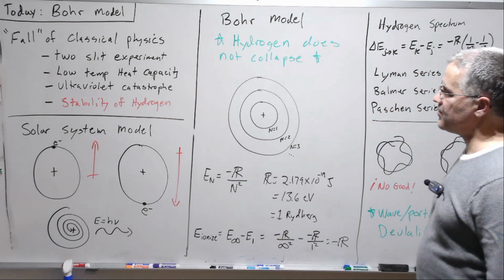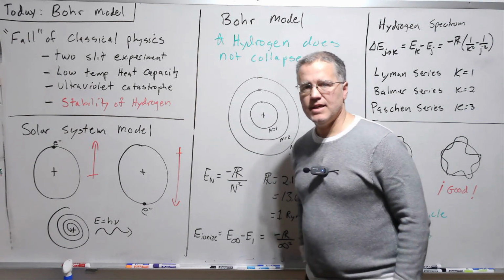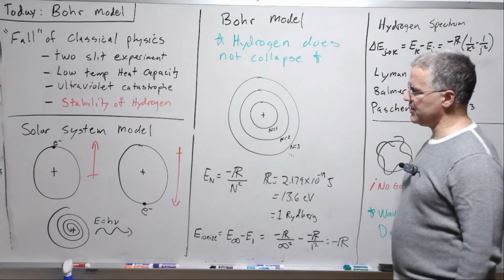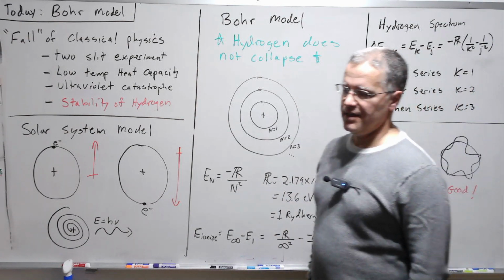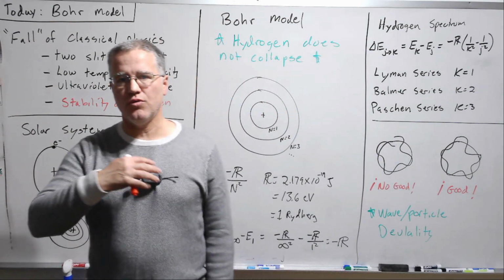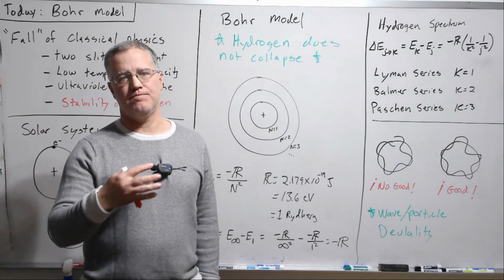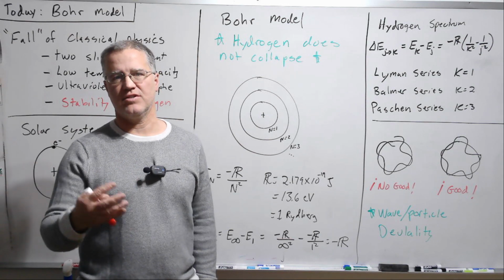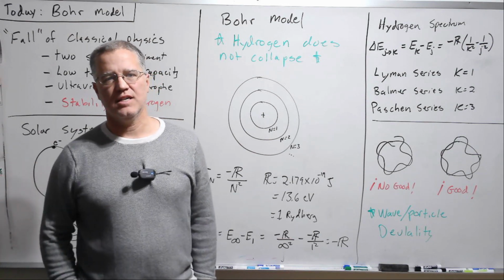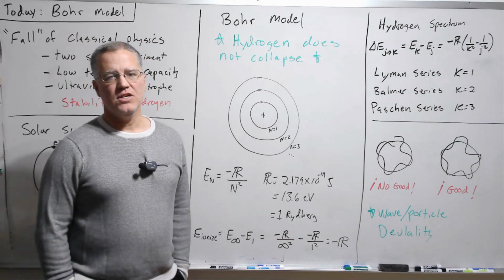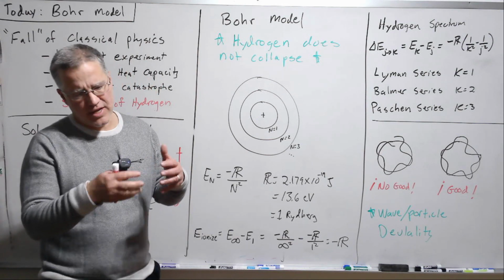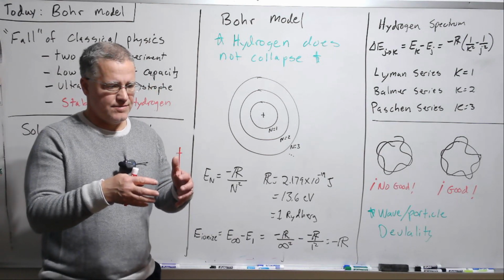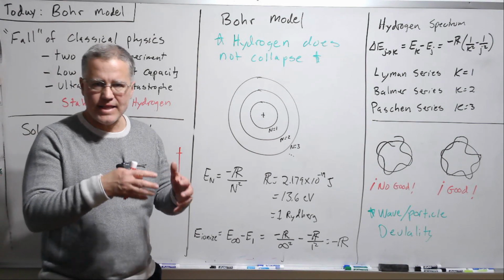Okay, so that's a problem, right? That's a problem, and we have to patch up this theory at the least. Typically, you don't want to just throw away a very powerful and successful theory like classical mechanics and classical electrodynamics. So you want to maybe patch it up. You say, well, okay, electrons, maybe they're not quite like planets.